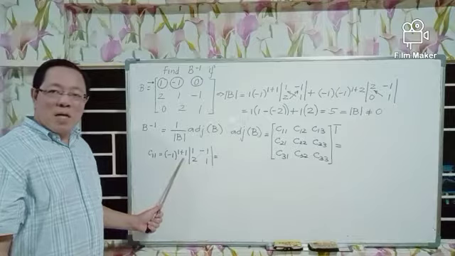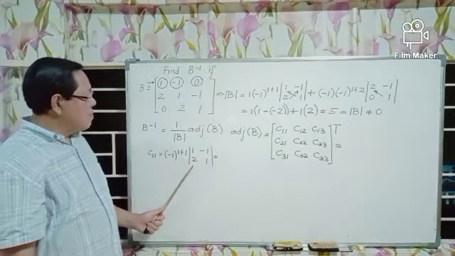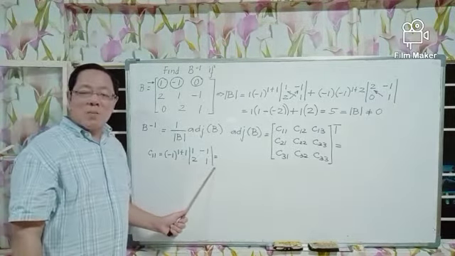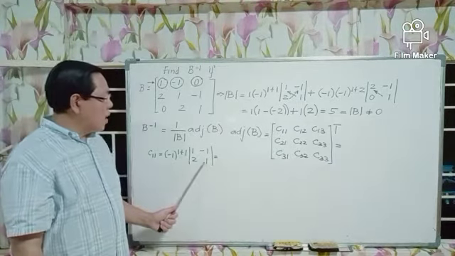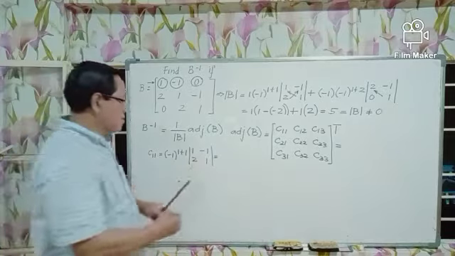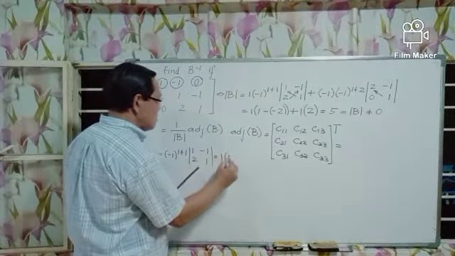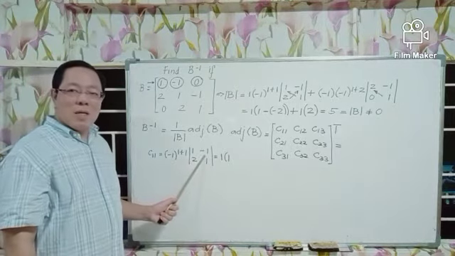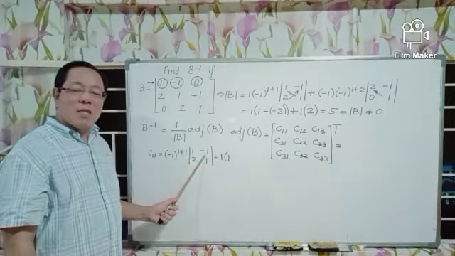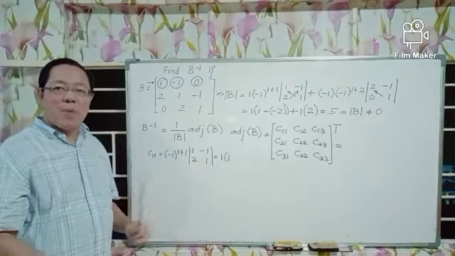And square of negative 1 is positive 1. Positive 1 multiplied by this determinant of order 2. This determinant of order 2 is equal to 1 multiplied by 1 is 1. Minus 2 times negative 1 is negative 2. Minus negative 2, that's positive 2, plus 2.